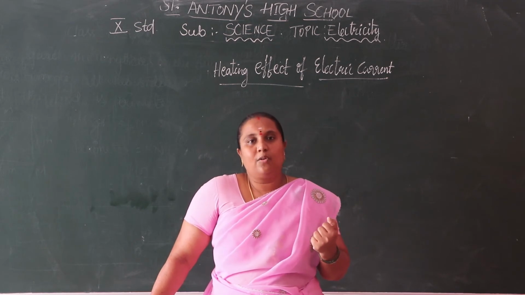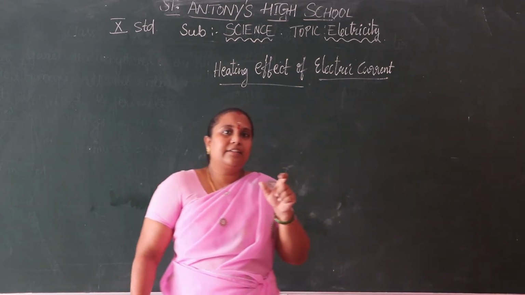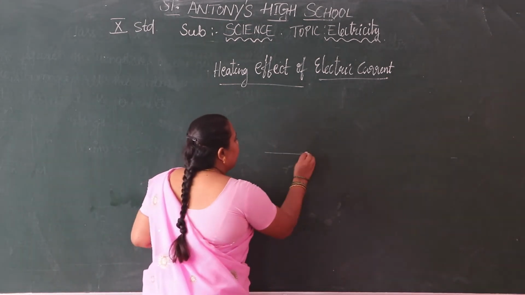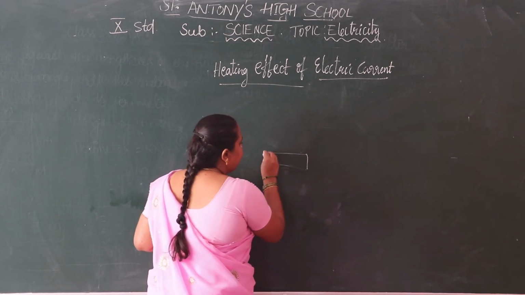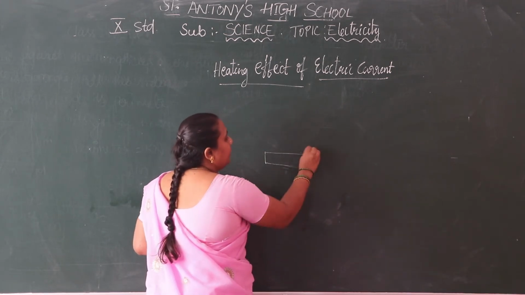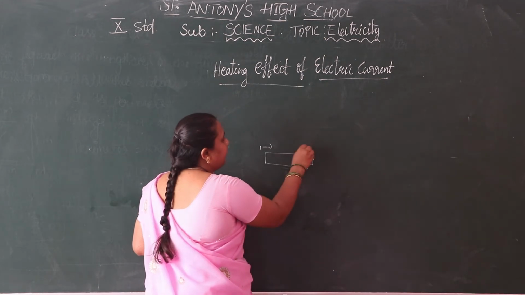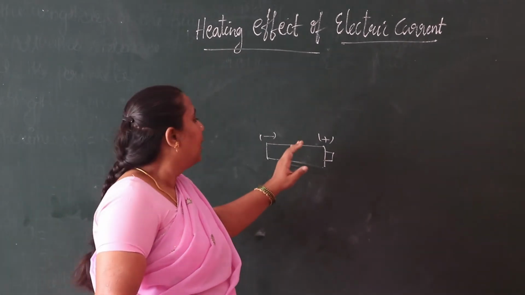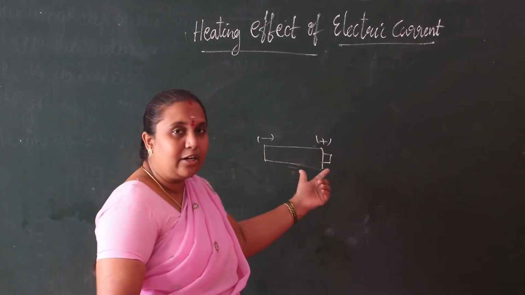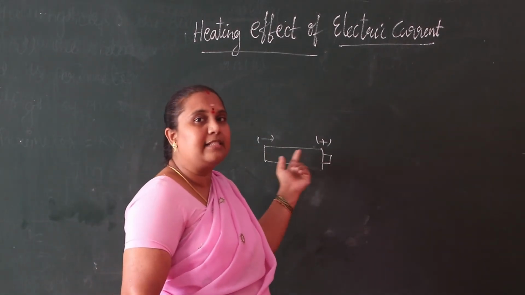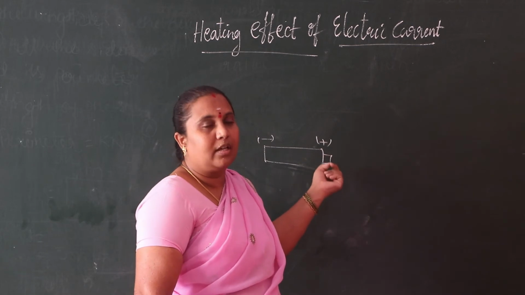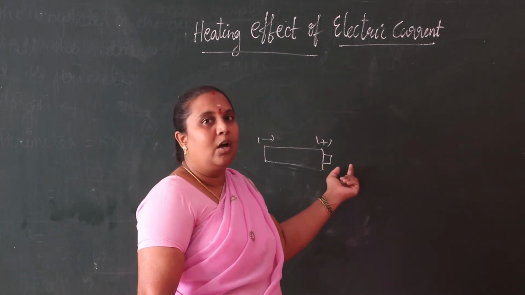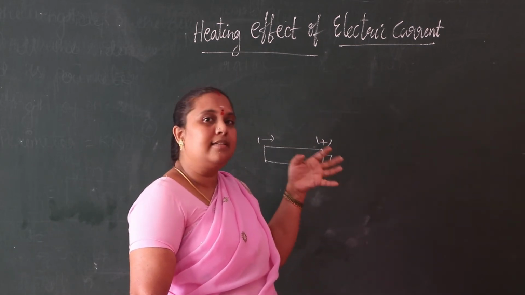Why is it so? Let us take an electric cell first. Here it is the positive terminal and here the negative terminal. Electrons inside this cell are continuously moving, while charging or while it is glowing.